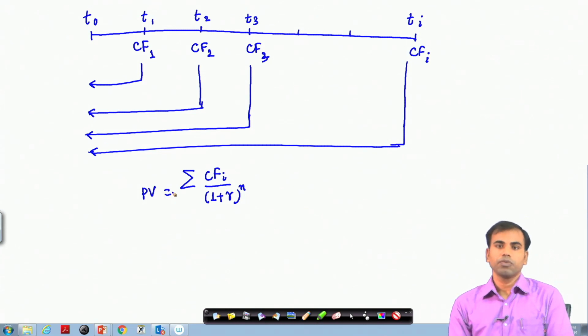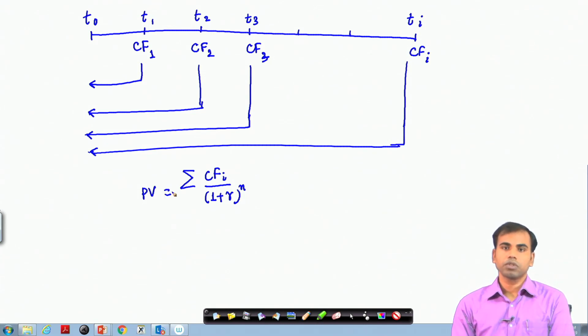So, this is the present value of all future cash flows originating at different points of time, and because money has different values at different points of time, we discount those future cash flows with a discount rate known as R here.